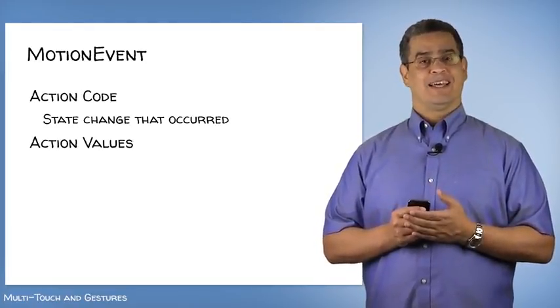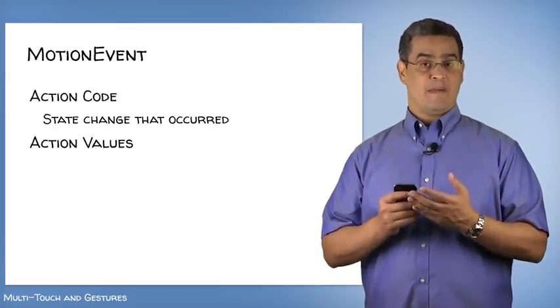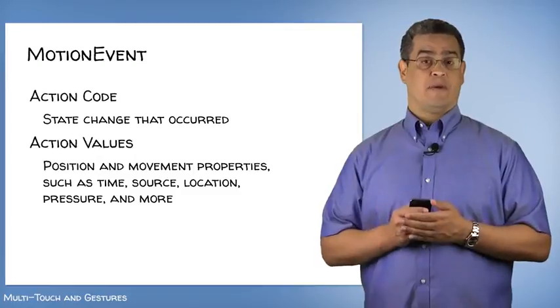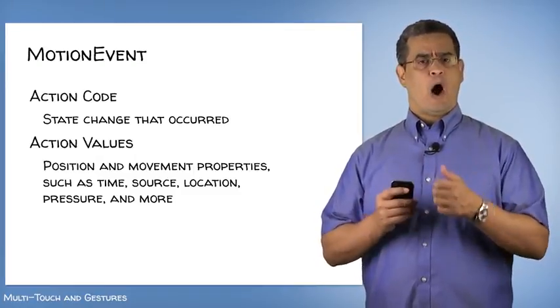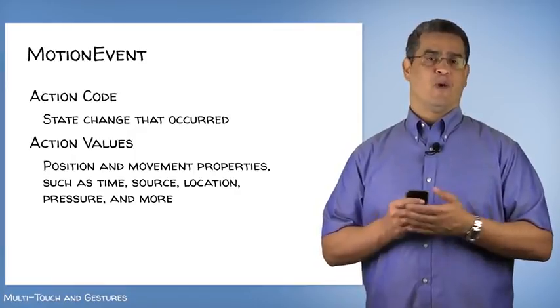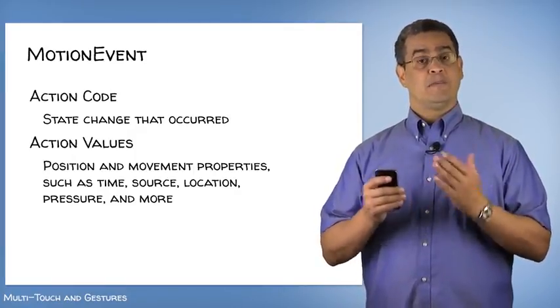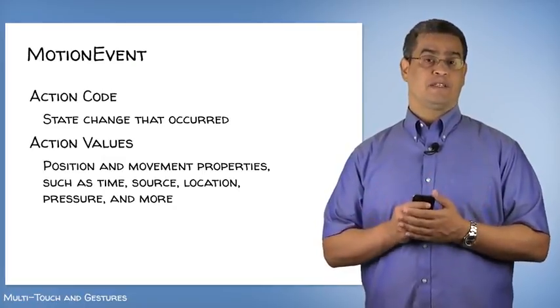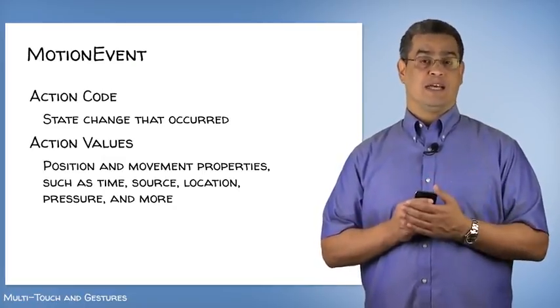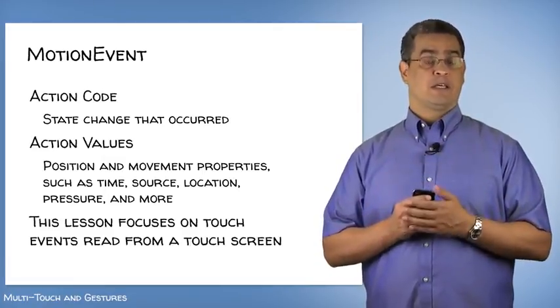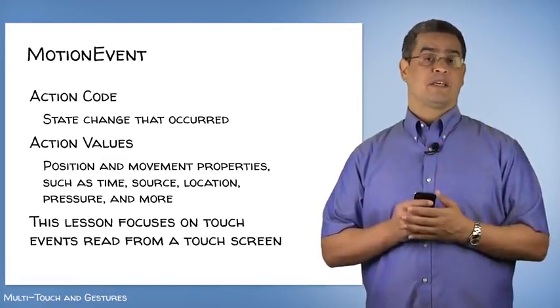For instance, it has information about the time at which the event occurred, which device the event came from, the event's location, and if appropriate, how hard the device was pressed, and more. And as I just said, this information will vary depending on the kind of input device involved. In the rest of this lesson, I'll focus particularly on finger touch events that are read by pressing a touchscreen.